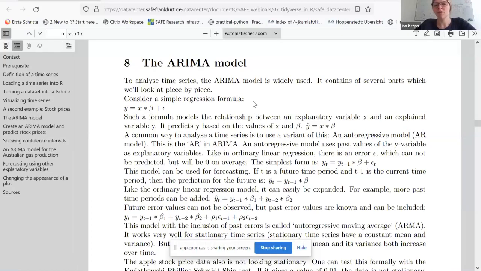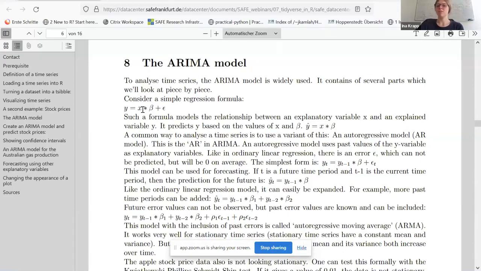Now, hopefully all of you are familiar with ordinary linear regression, which is depicted in formulas such as this one. You have an explanatory variable x, you have an explained variable y, and you calculate this beta to explain the relationship between the two. Beta can be positive, then an increase in x means an increase in y.